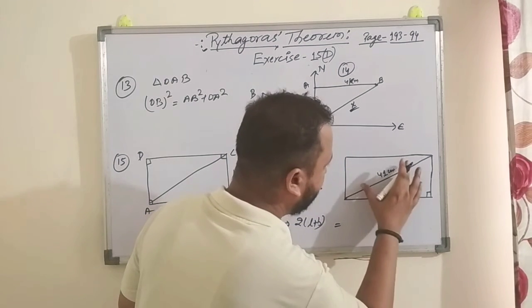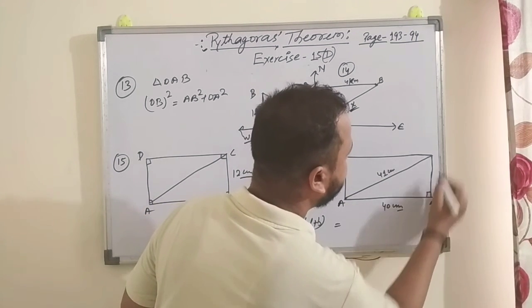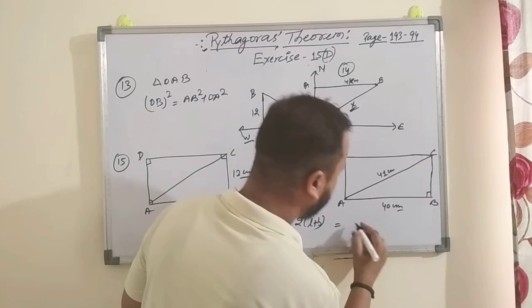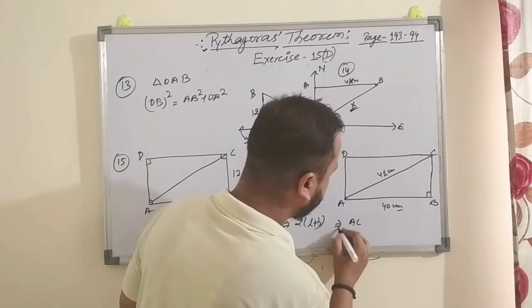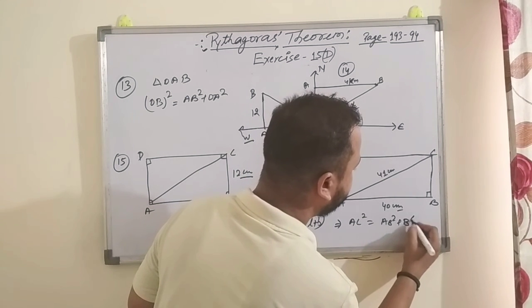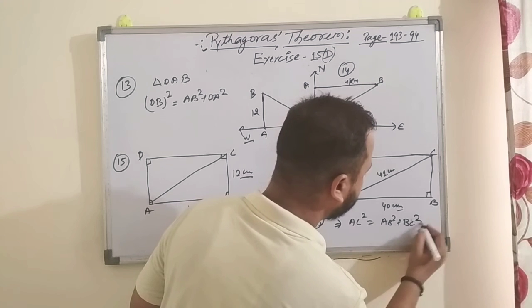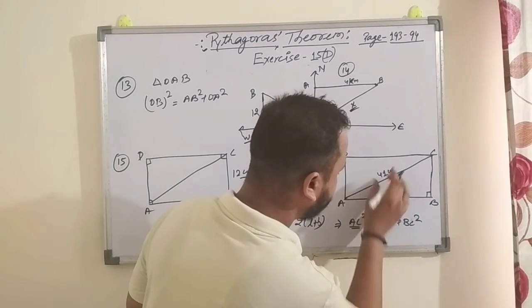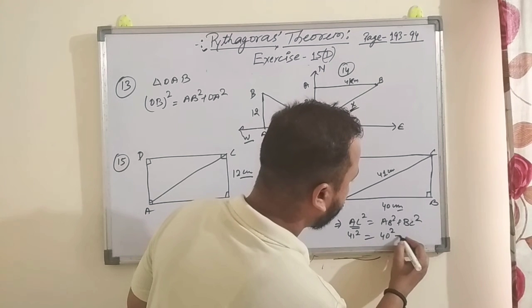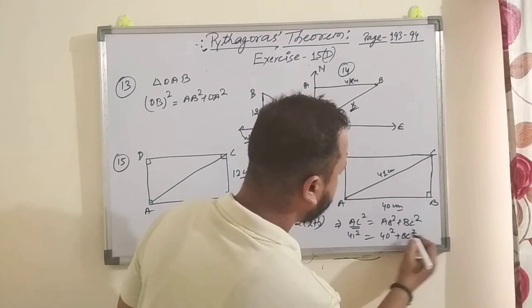So if you name them A, B, C and D, AC square is equal to, by applying Pythagoras theorem, AB square plus BC square. So the value of AC is given as 41 square is equal to 40 square plus BC square. You have to find it out.